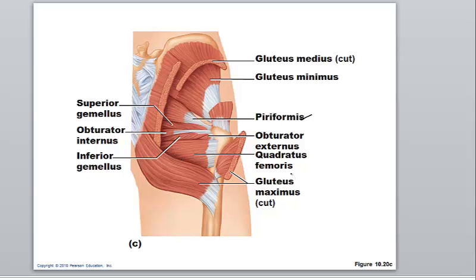Apart from this, you also have quadratus femoris right over here. Quadratus femoris rotates the thigh laterally. You can see how it is attached to the femur from the ischial tuberosity. It rotates the thigh laterally, stabilizing the joint. So these are all the hip muscles that you have in your body.